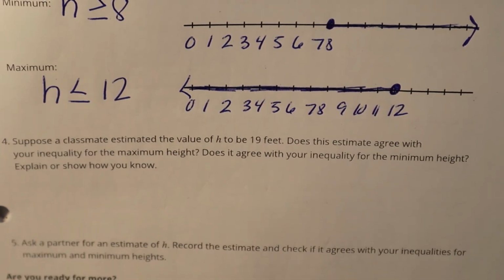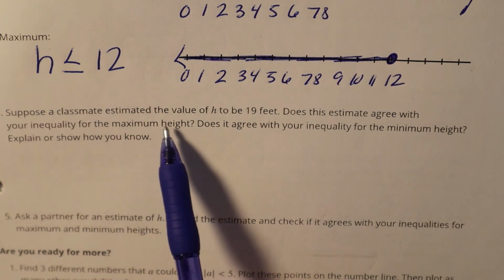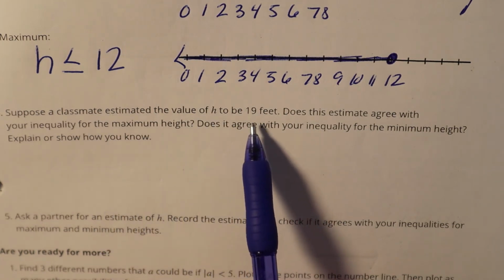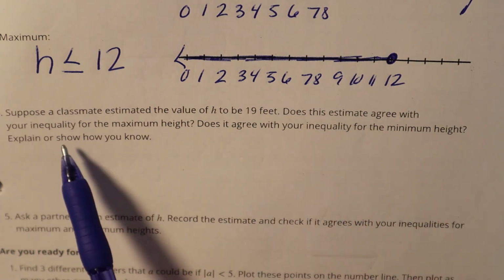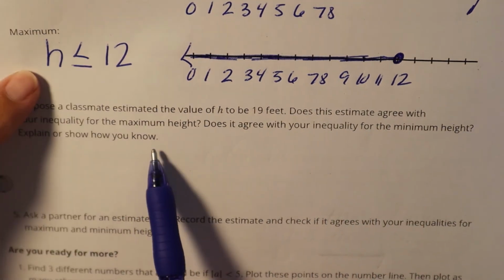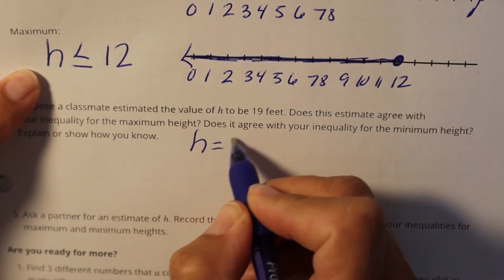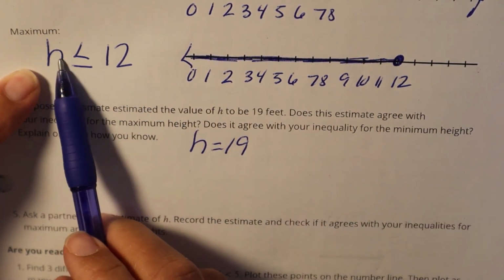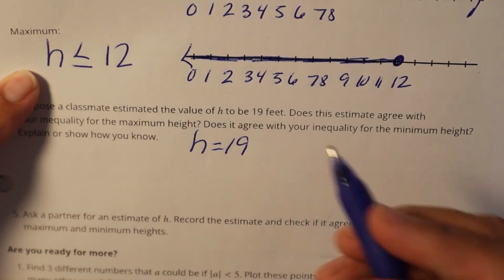Okay. So number 4, suppose a classmate estimates the value of the height to be 19 feet. It's a really tall basketball hoop. Does this estimate agree with your inequality for maximum height? Okay, so does 19 feet, if h equals 19, match with this? Well, no, it doesn't, because we're saying h is less than or equal to 12.